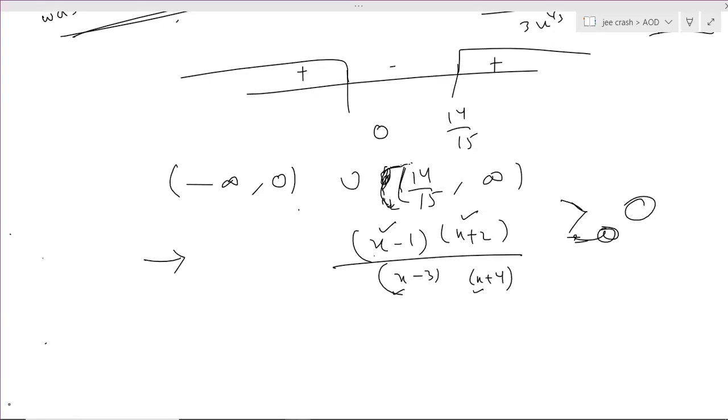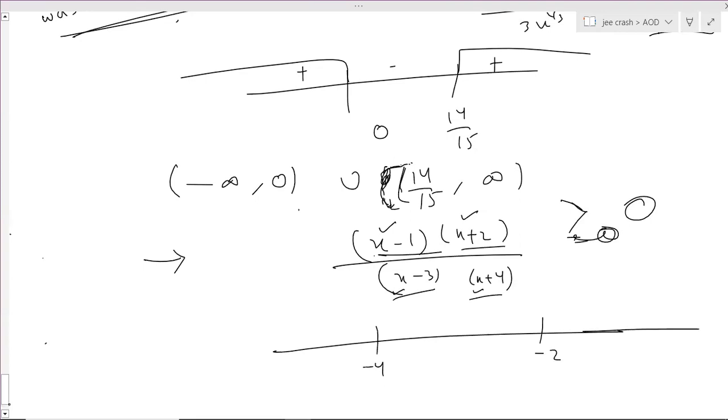When they are all positive and they are factorized, now what you do? This is -4, -2, 1 and 3. Put all of them in order. Start with plus, minus, plus, minus, plus, alternatively, if the power is odd. This step is clear? Yes, sir.